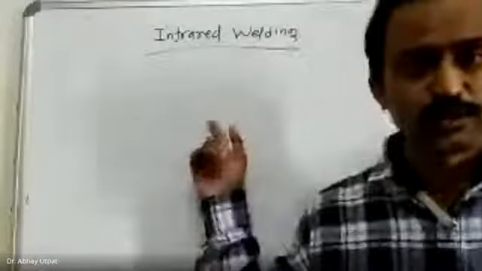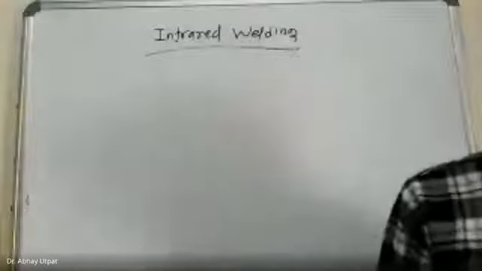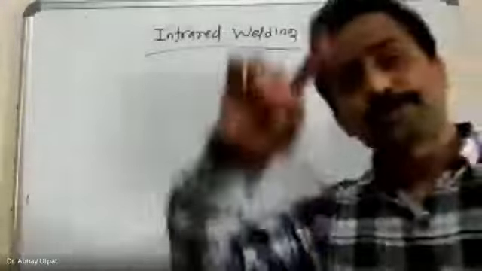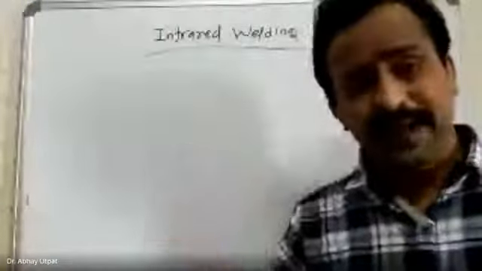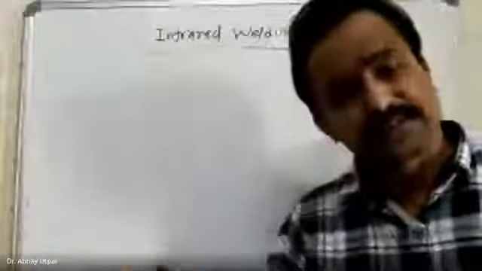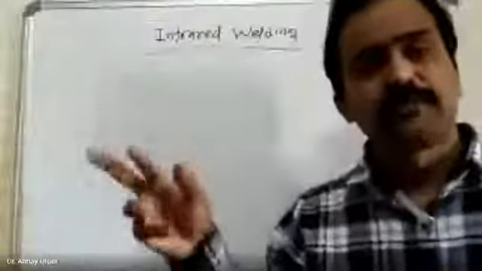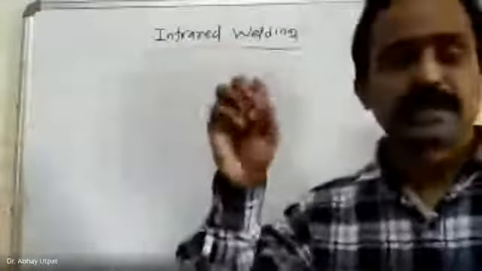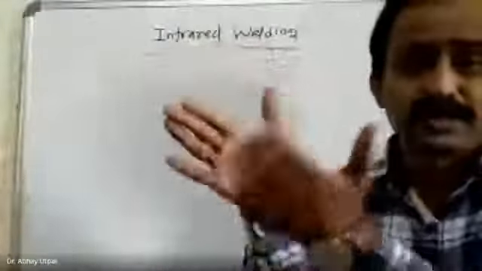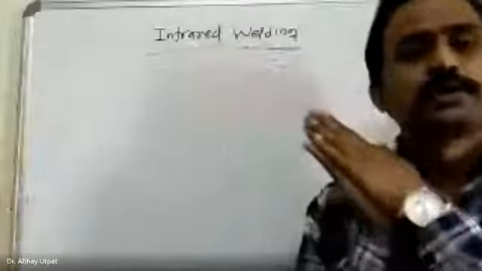And here the source of heat is infrared. This welding is usually used for big tanks, plastic pressure vessels, and pipes, where the infrareds are applied on the surface of both sides and they are immediately joined.